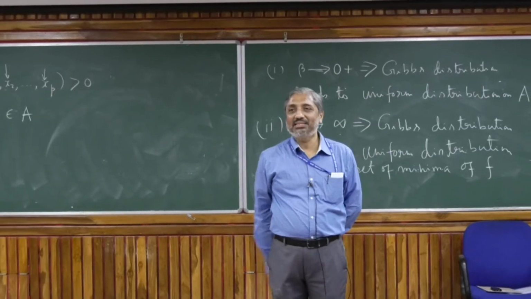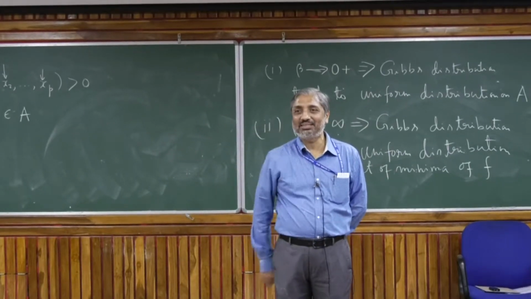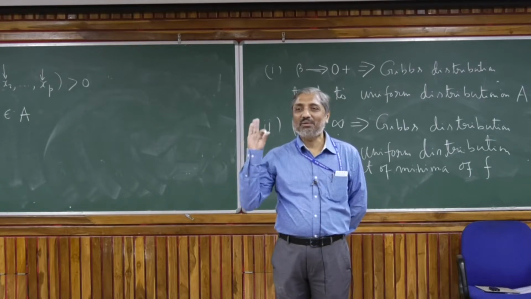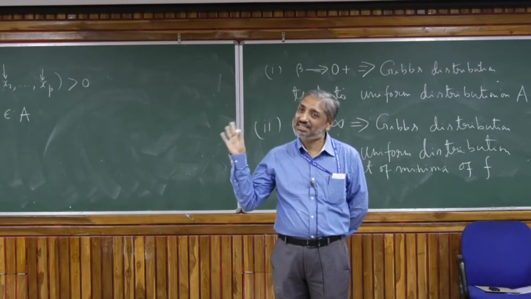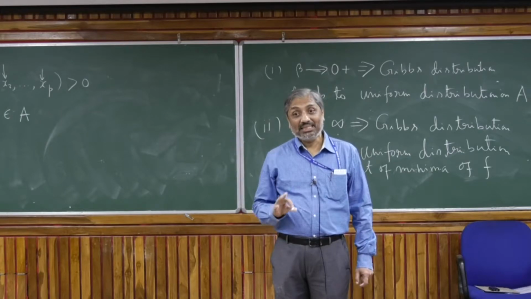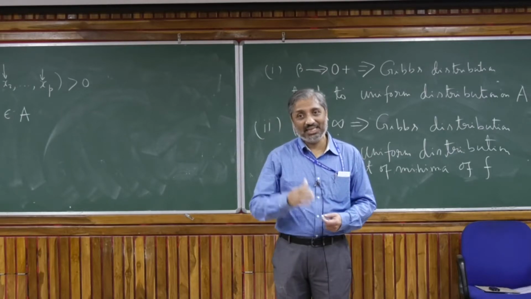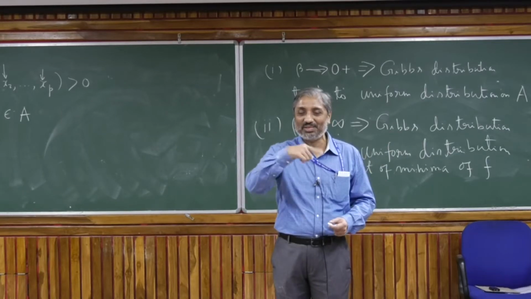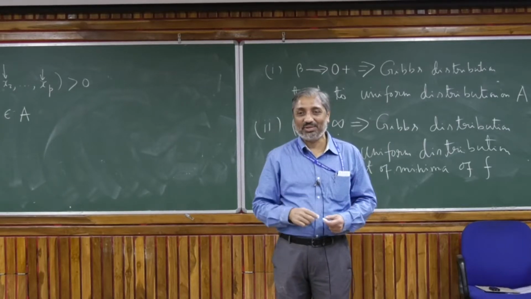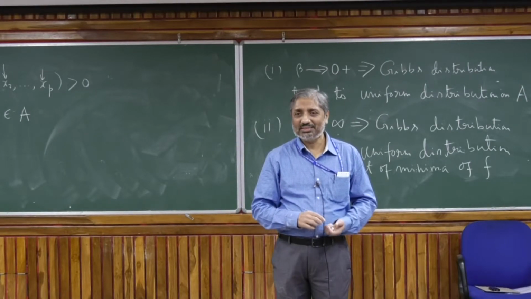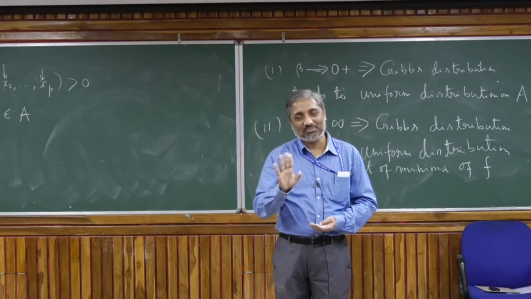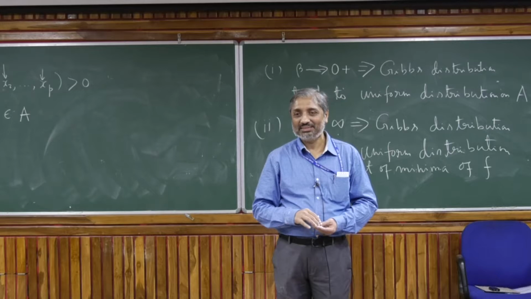You are saying something. I didn't hear it clearly, but can you say it louder? So you have any guess for what kind of function this technique will work? See, if this works, that is very simple, right? And then the minimization problem is much simpler than the original minimization problem, if you can solve the minimization problem by taking one variable at a time. Yes, what did you say? For convex function, will it work? There's no reason that for convex function it will work. Something much simpler than that you can think of.